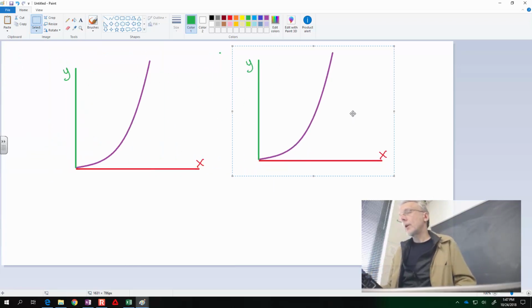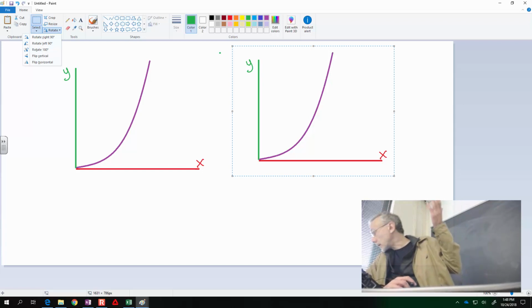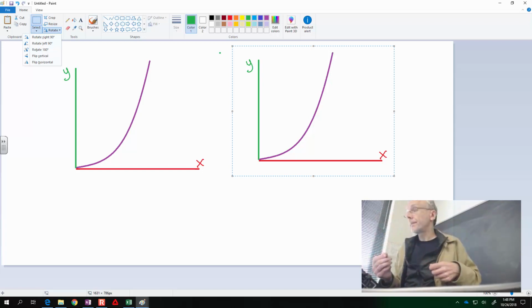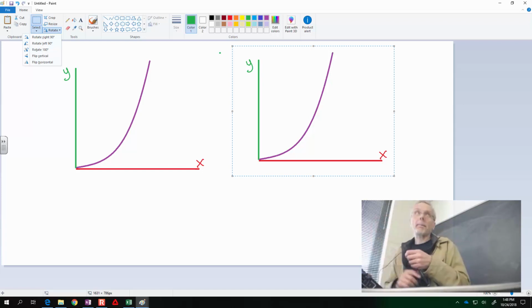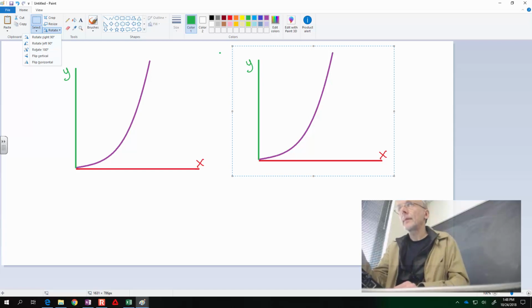Okay, so we have these rotations, and I need to flip it like this, which will take two operations. Can you tell me what they are? How do I make y pointing to the right and x point up? Just tell me what the first one is. Flip vertically.